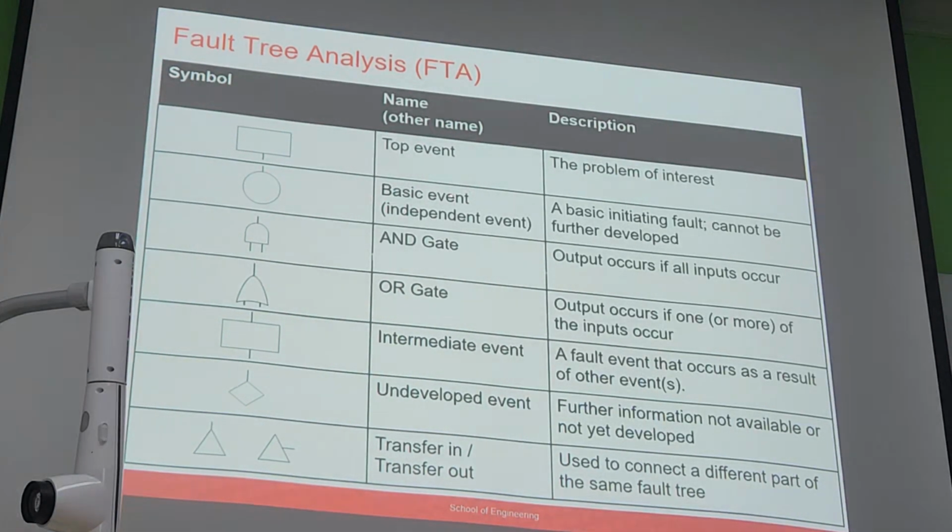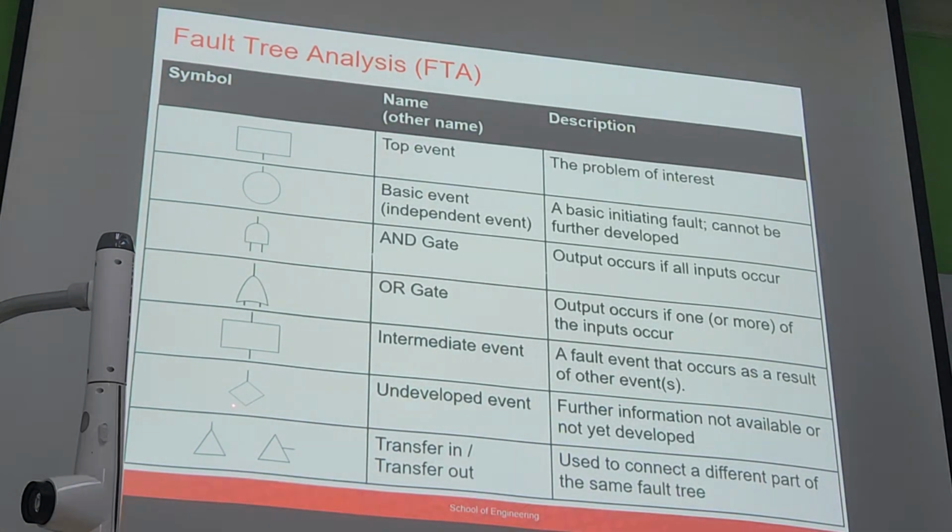Top event means a start point at the top. Basic event means a circle, and we use this, or we use this symbol. And intermediate means between the top and the bottom, we can use the intermediate event.